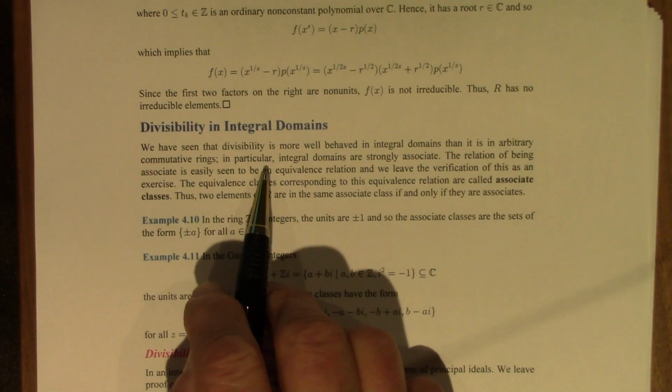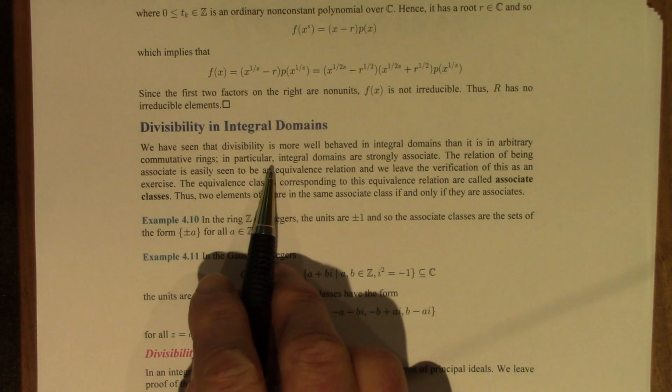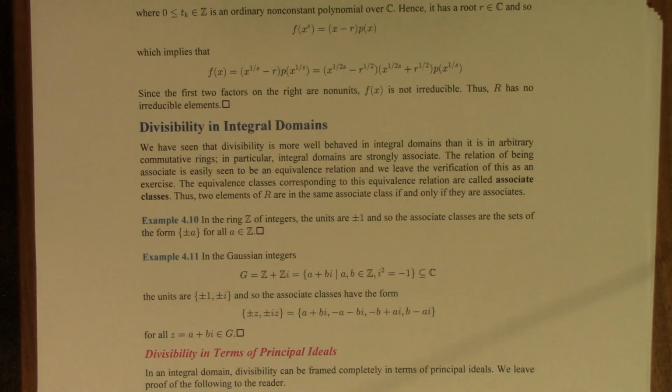The first part is just a warm-up. We have seen that divisibility is more well-behaved in integral domains than it is in arbitrary commutative rings. In particular, integral domains are strongly associate. That makes life much simpler.